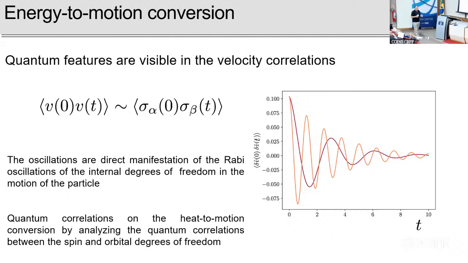These particles, for the translational degrees of freedom, will show essentially standard quantum features, compatible with the fact that it's still an open system, because its spin degrees of freedom are coupled to some external reservoirs, and this will also affect the orbital degrees of freedom.